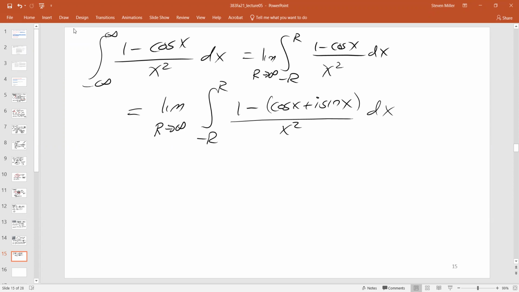Okay, why not? But sine is an odd function and x squared is an even function. So sine of x over a symmetric region, doesn't that just integrate to 0? Can I do this? Maybe that no was premature.